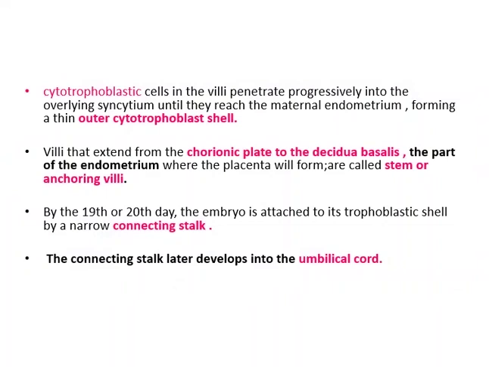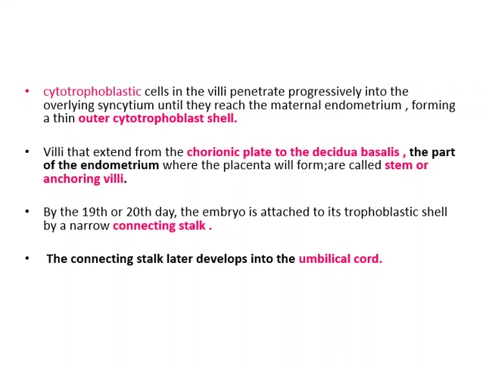The cytotrophoblastic cells of the villi penetrate progressively into the overlying syncytium until they reach the maternal endometrium, forming the outer cytotrophoblastic shell. The villi extend from the chorionic plate to the decidua basalis, part of the endometrium. We have several types of decidua.